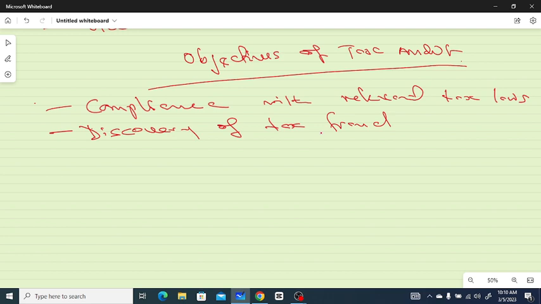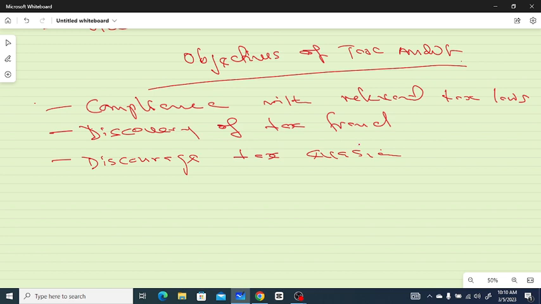That is the second objective of carrying out tax audits. The third one is to discourage tax evasion, by enhancing high tax compliance rate.